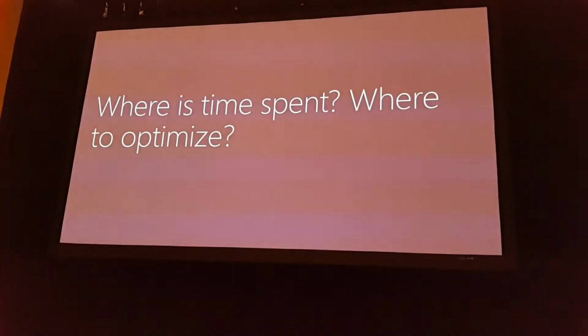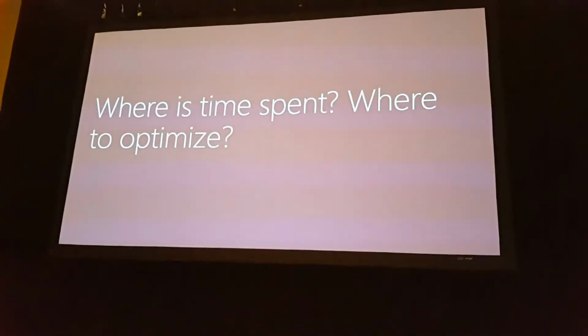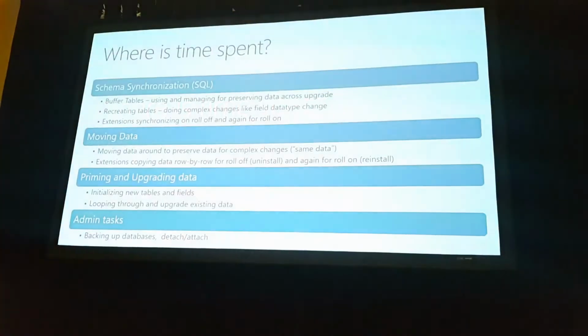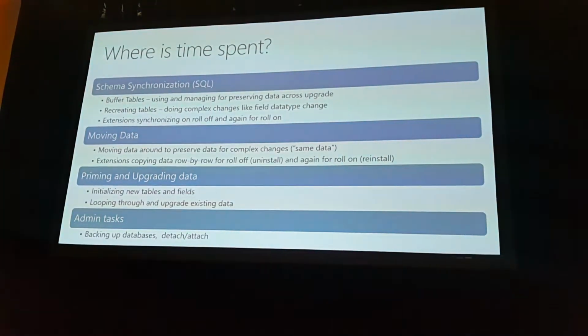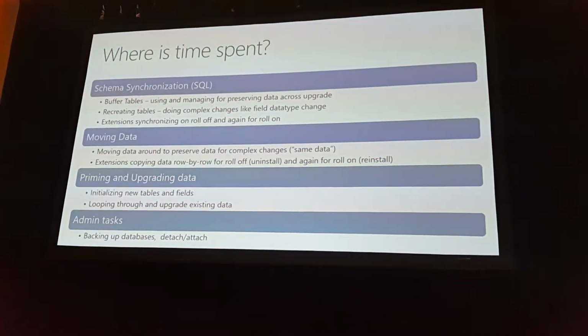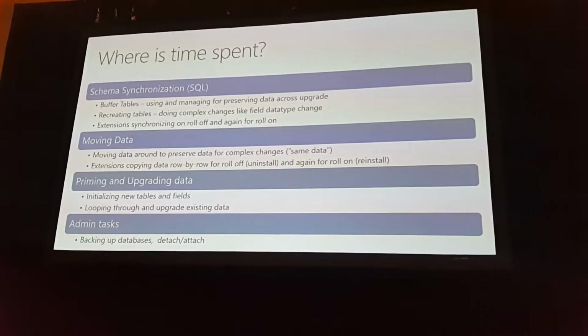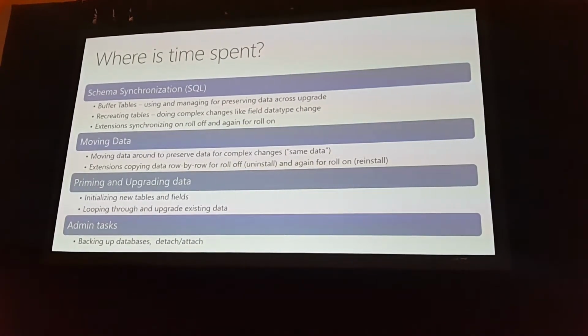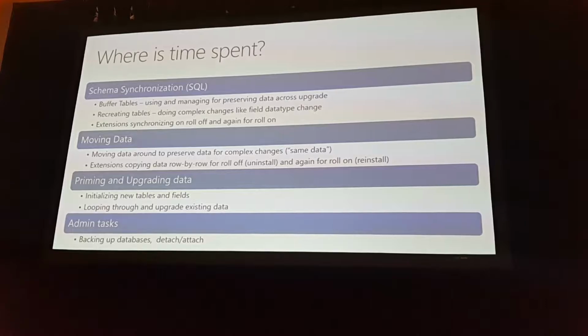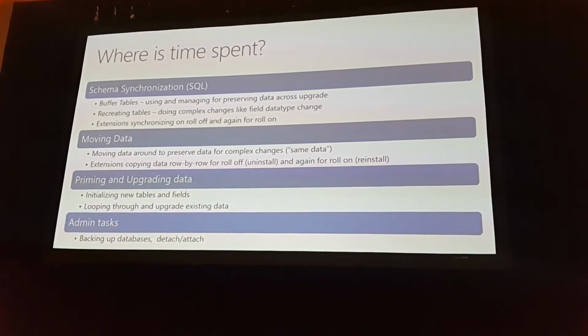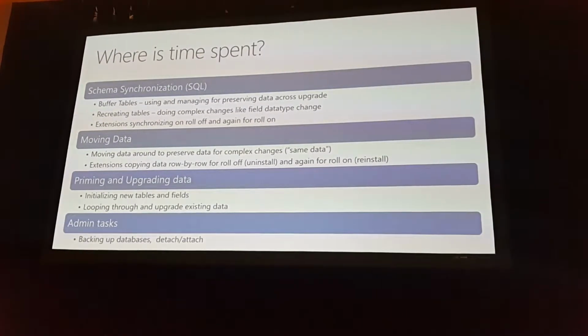But we looked at where we spend time and how can we optimize that. And we primarily spend time in those 4 areas: schema synchronization, and in moving data around, and then priming and upgrading data, and then some administrative tasks that we have to do.